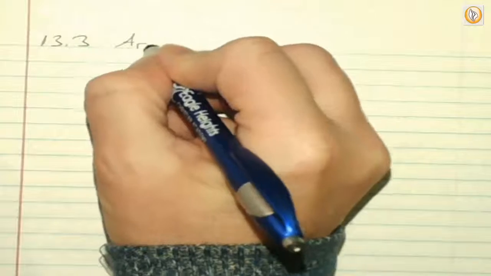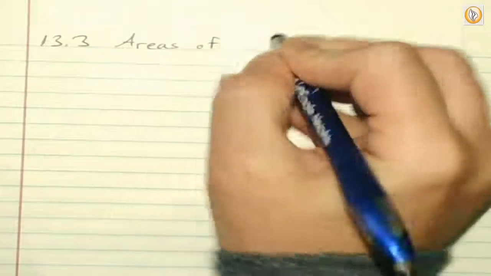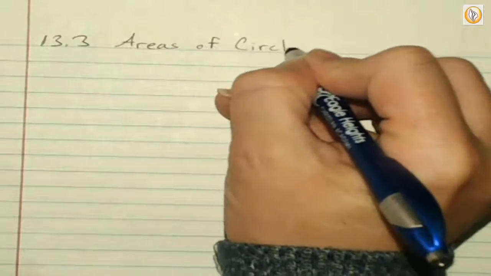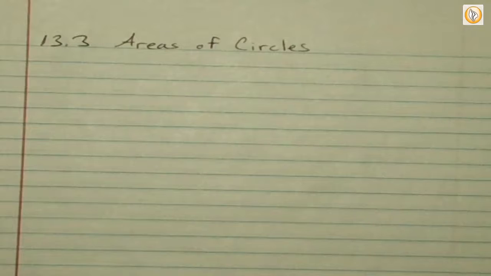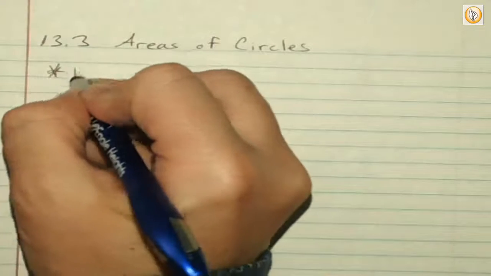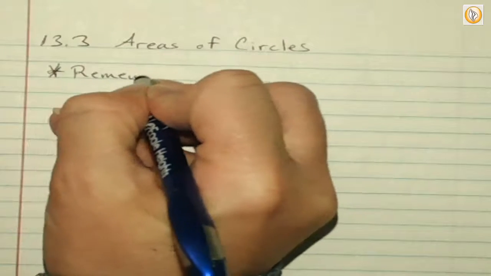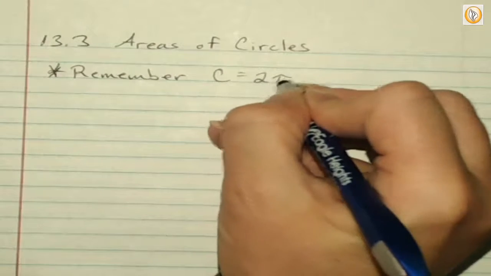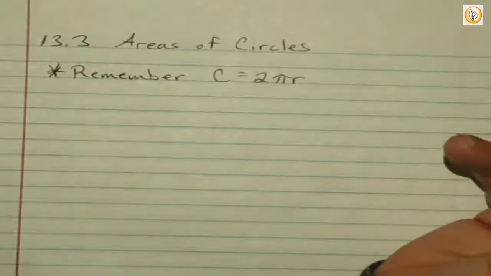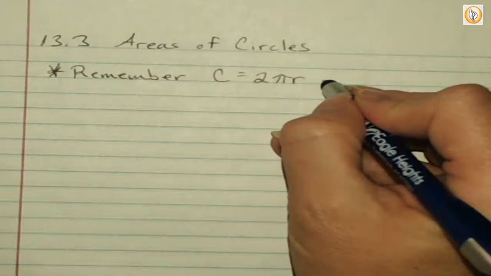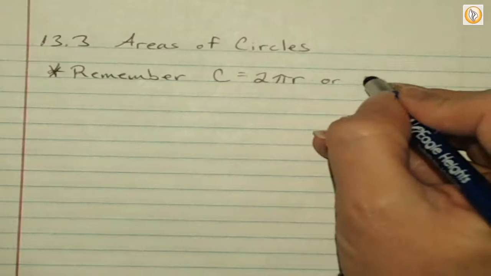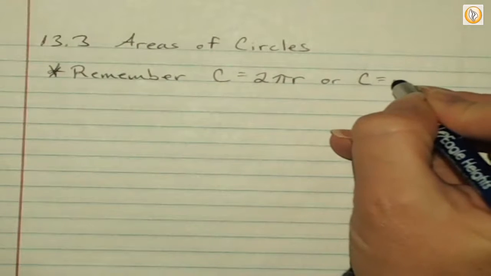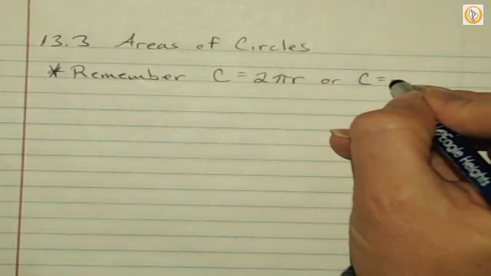13.3, areas of circles. Y'all have already done circumference. Remember that? Circumference is 2 pi r. Or what was the other one? Diameter times pi, or pi times diameter.